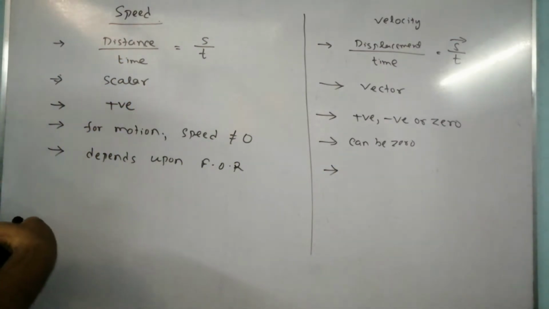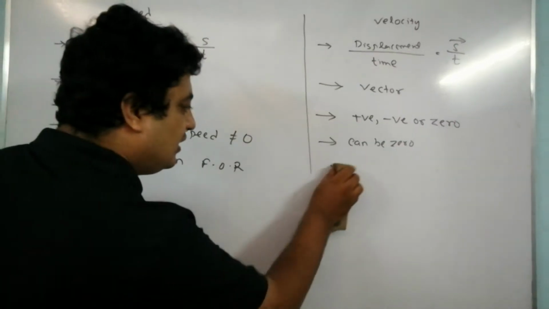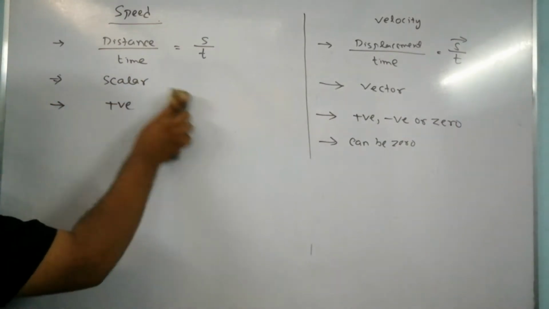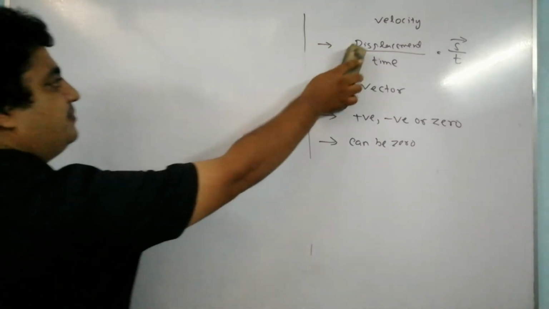Next part is, we'll go for average speed and average velocity.